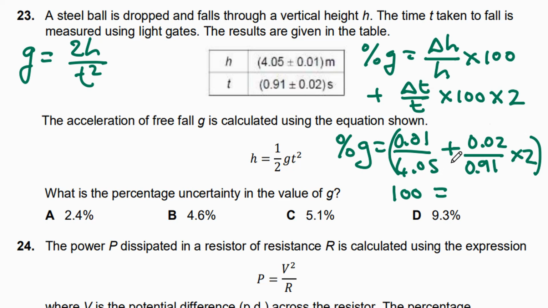Now on a calculator this comes to 4.6, so 4.6%. So here the answer then will be B.